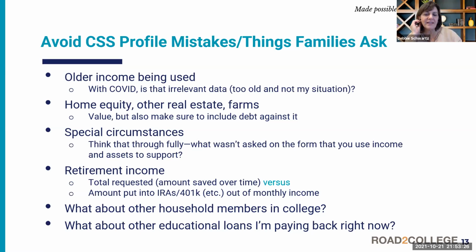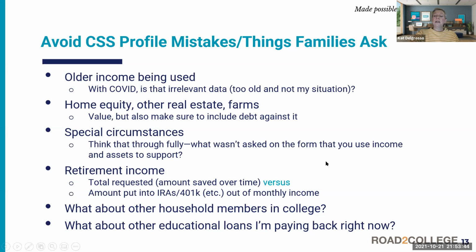What if a parent is in college? A parent in college is actually not supposed to be counted in either application nowadays. So if you are in college as a parent, the instructions, I believe, tell you not to list yourselves.